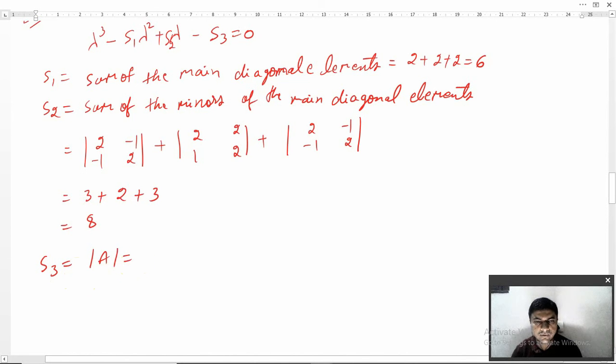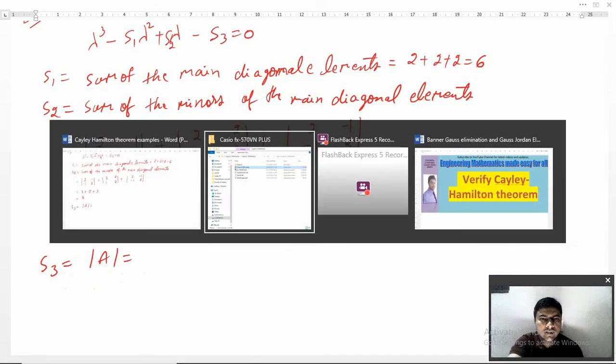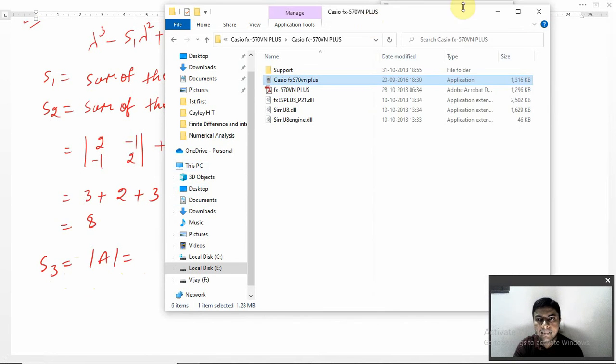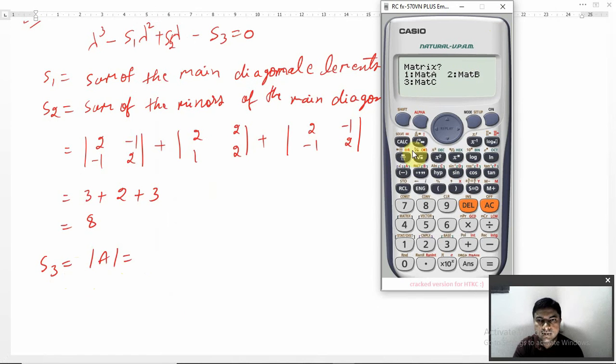Yes, friends, easily you can find the determinant using the calculator. Here we have the calculator, so I will tell you how to do it in the calculator. Go to mode setup, go to 6, then go to 1, or you can press AC so that you will get here MAT.